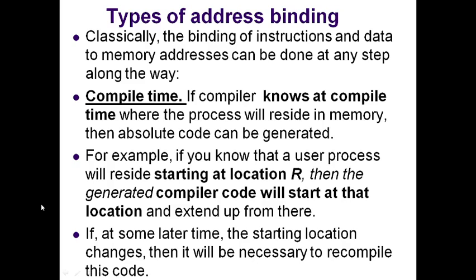But unfortunately the program gets loaded not at the base address 0, but at address 50, for example. Then whatever addresses were filled in by the compiler are no longer relevant because the starting address has changed to 50. So you have to recompile the program, only then will it be rectified according to the new range of addresses. This is the drawback of compile time binding.